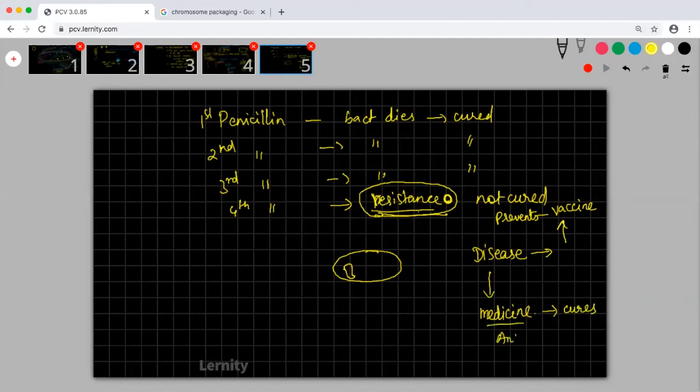Antibiotic is a medicine. Vaccine is something which we take before the disease even comes. So that is the basic difference between vaccine and antibiotic. Antibiotic is taken after you get the disease, but vaccine is a medicine which you take before the disease comes into the picture. Vaccine is a precaution, antibiotic is a cure. Correct.